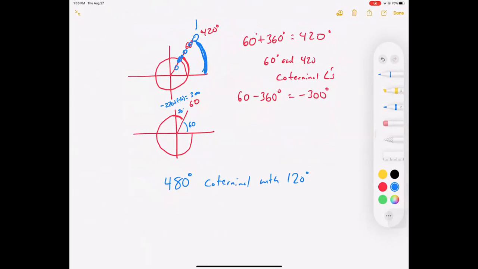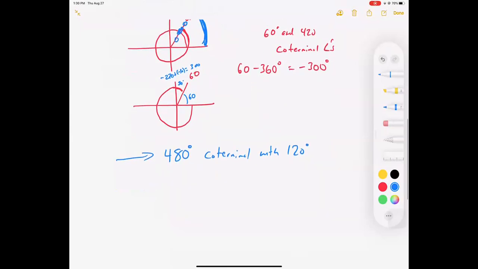My first question is, is 480 even on my first circle? No, it's over. My first circle stops at 360. So 480 is a little bit over. That's simplified for us. Let's take 480 and subtract my first circle from it. We're left with 120. Hey, that's the same angle.